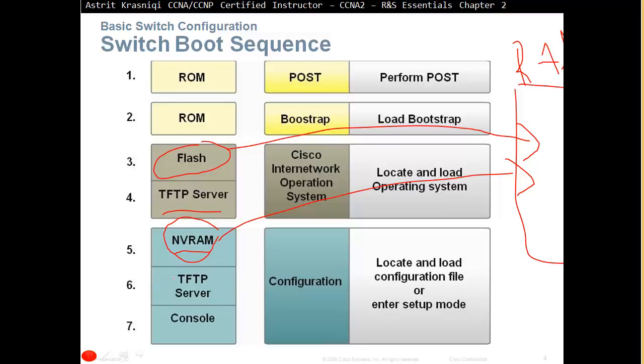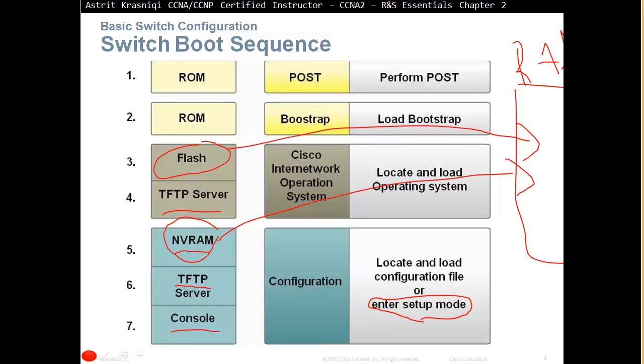The startup configuration file could be located on a TFTP server as well. So either NVRAM or TFTP server. If it's not on NVRAM or TFTP server, then it's going to be the console. But in console, we will get that wizard, the initial startup configuration wizard. So enter setup mode.